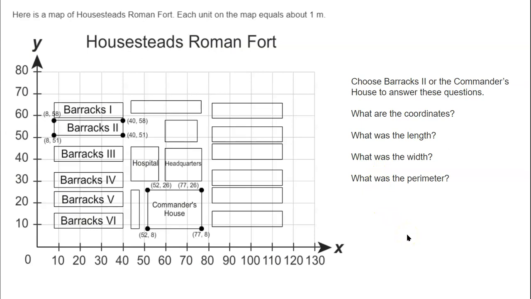What is the perimeter? In order to determine the perimeter, you're going to need to add the base times 2 plus the height times 2.